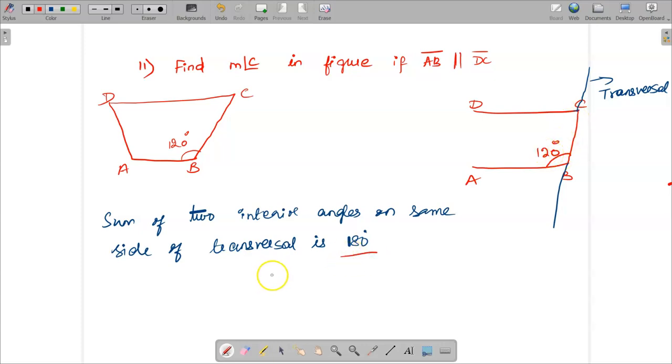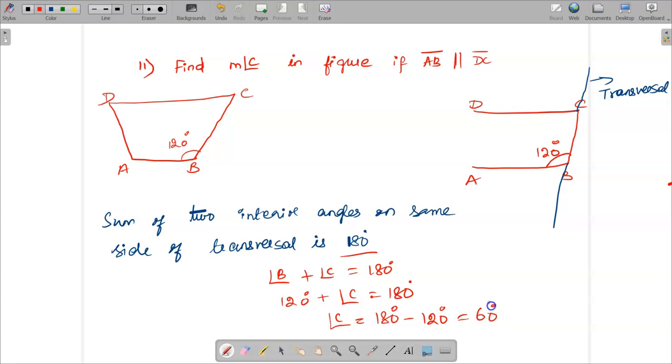So using that property, we can say that angle B plus angle C, definitely it will be 180 degrees. So angle B is already known, 120 degrees. So we need to find out angle C, right? Which is nothing but 180 degrees minus 120 degrees, which is equal to 60 degrees. Okay, so the measurement of angle C is nothing but 60 degrees.